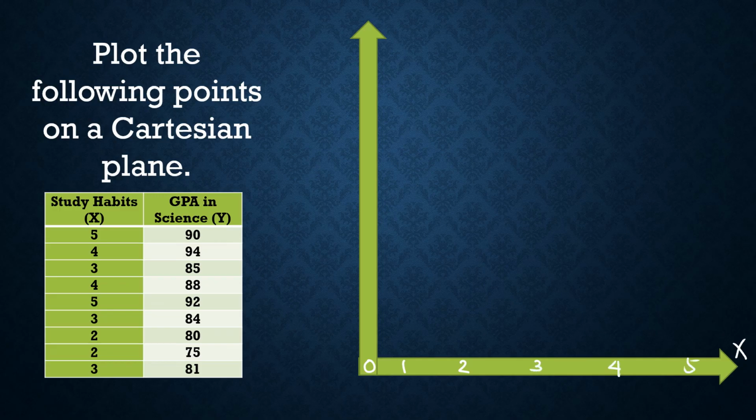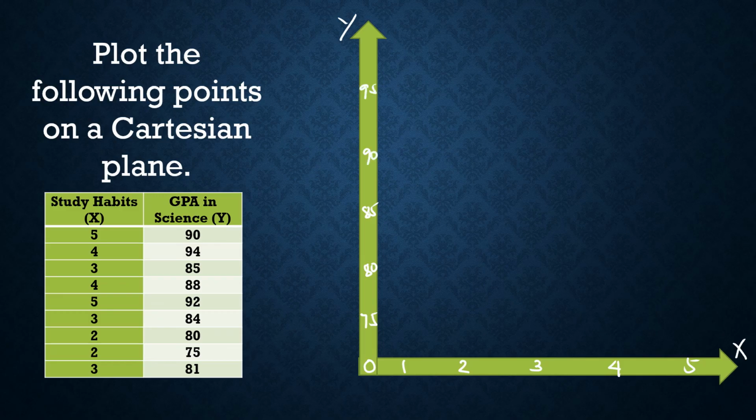Then for GPA in science, these are the y values, so this is the y-axis. We have 75 to 94, so we can start here with 75, 80, 85, 90, and then 95.